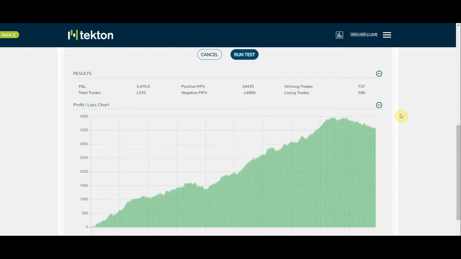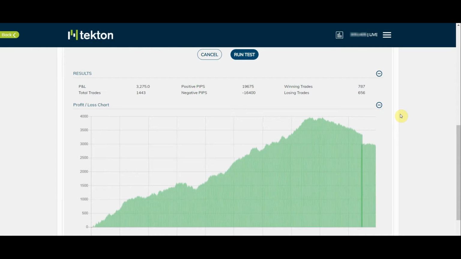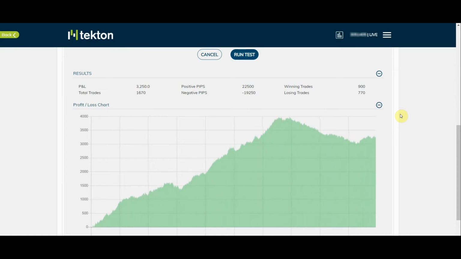I'm not saying to you to trade this. I'm not in a position where I can say to you, trade this strategy now. You don't have to. I'm just giving you examples of profitable systems that we've created on Tekton that have produced good backtesting results over the long term, and be aware of where they are when it comes to pulling back.